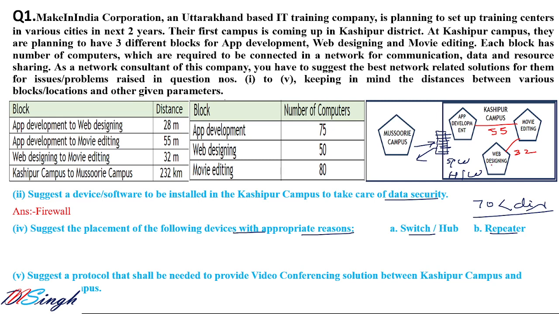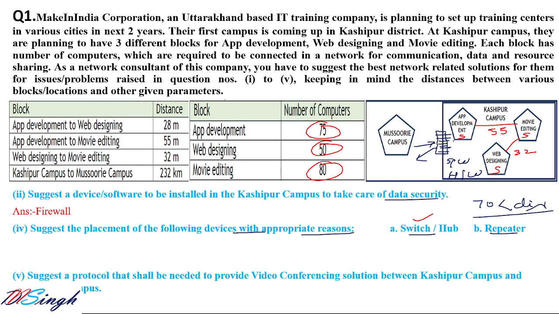Each building has many computers, like app development has 75, web designing has 50, movie editing has 80. So these computers need to be connected among themselves. For that purpose, we have this device called switch or hub. So switch or hub is required in all the blocks. Here also I require switch or hub, here I also require, here I also require.